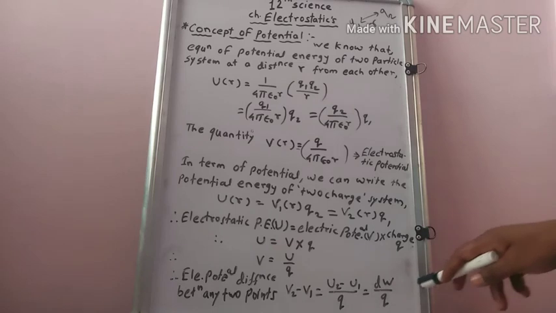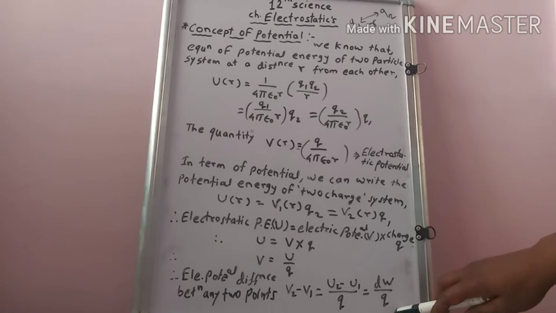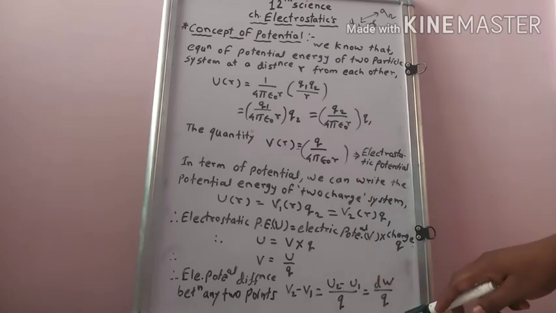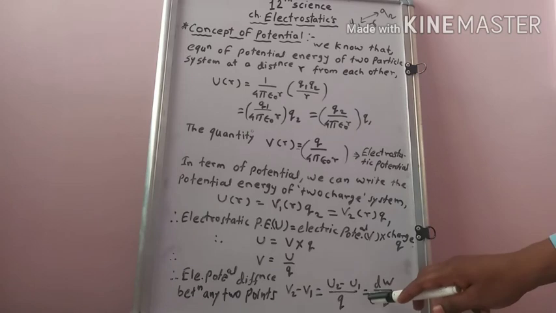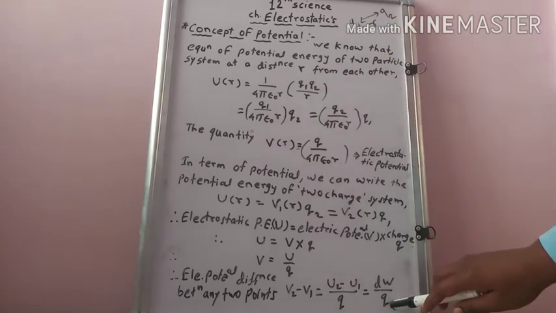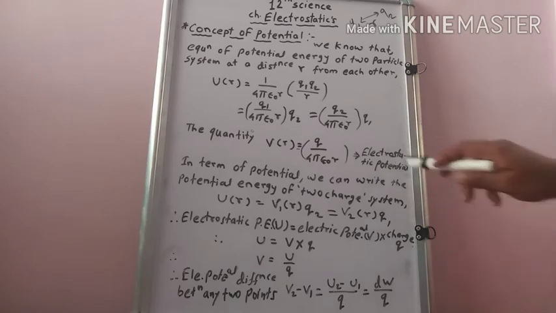From this equation we can say that it is the work done per unit charge to move the charge from the second point to the first point. This is the electrical potential difference between any 2 points, and V of r is the electrostatic potential.